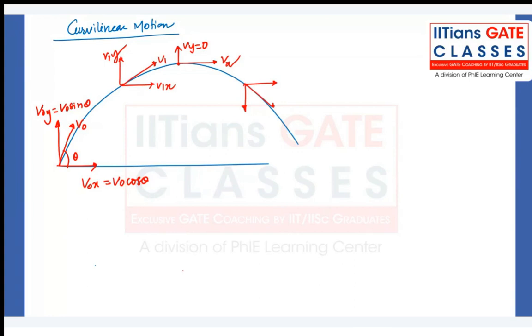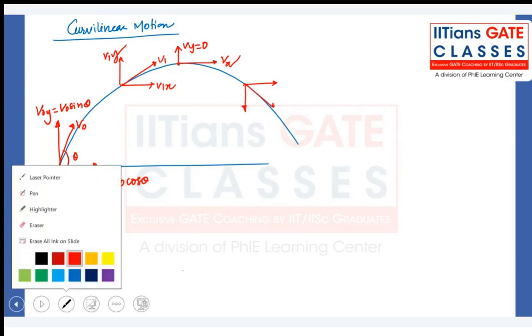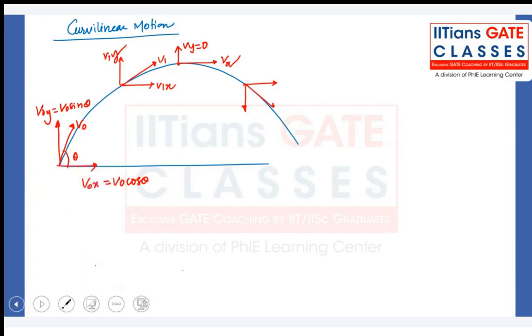Okay, we got one question from Shivam here. Why is Vy zero? If this curve in blue color is the curve traced by that stone, then how will you calculate velocity, Shivam? The velocity will be the tangent to the curve, right? So if the tangent to the curve itself is horizontal, then how can you take a vertical component of the horizontal?